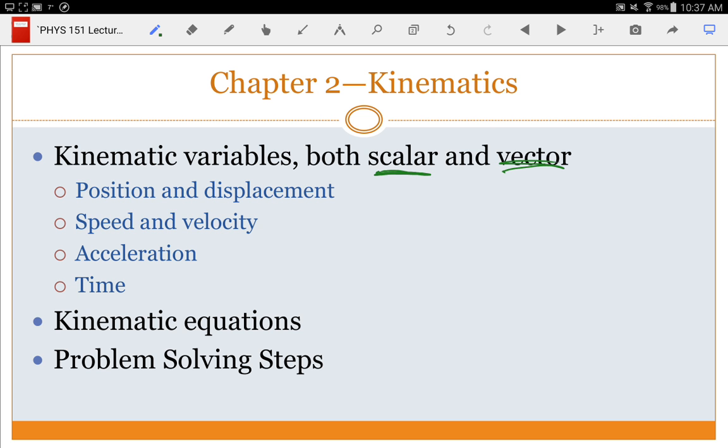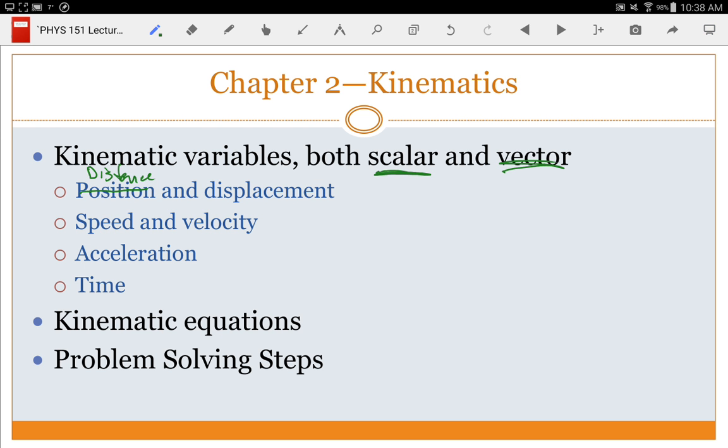I should have put distance here instead of position. Distance is, the words we use here can be annoying to me. But take the example of walking around the table once and coming back to where I started. There is a distance that I travel, maybe 4 meters. But my displacement is 0 because displacement is just the vector going from the starting to ending locations.